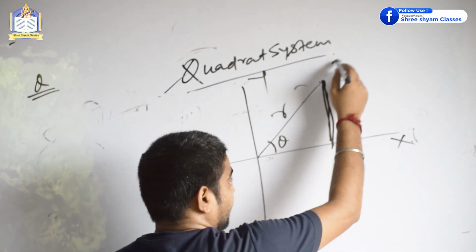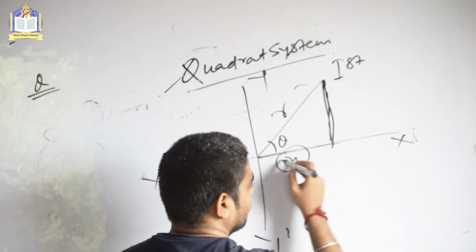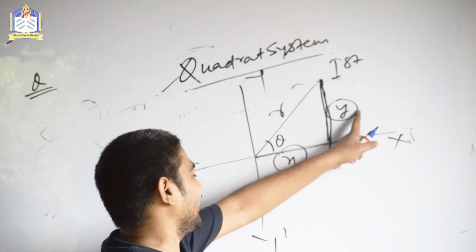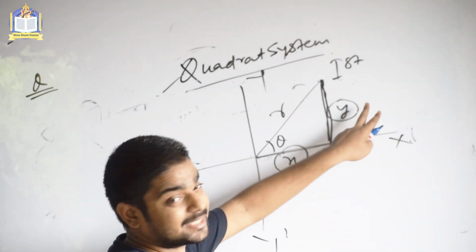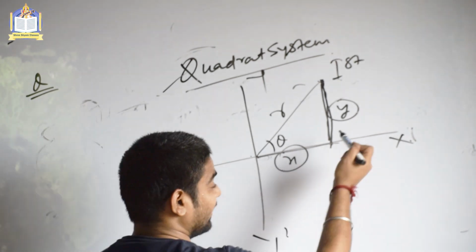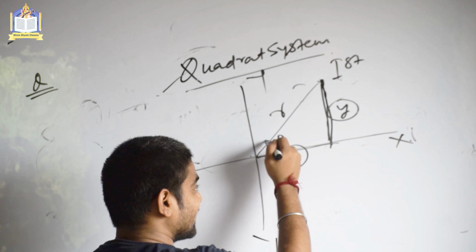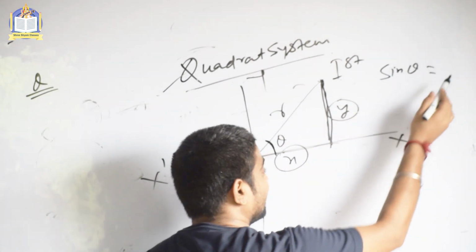Because this is the first quadrant, let this be x and let this be y. We very well know that in the first quadrant everything is positive; x as well as y both are positive. So sin theta is nothing but p by h, perpendicular by hypotenuse.